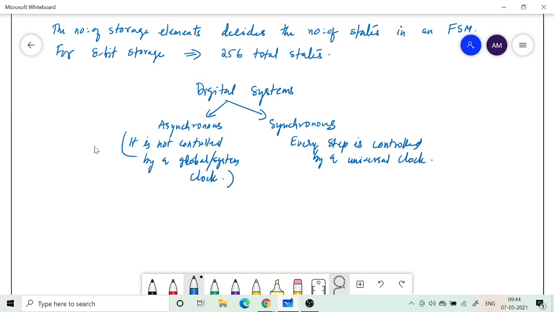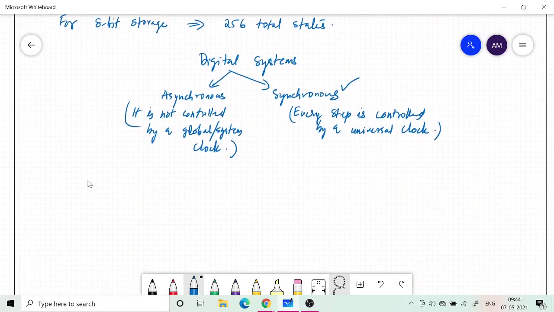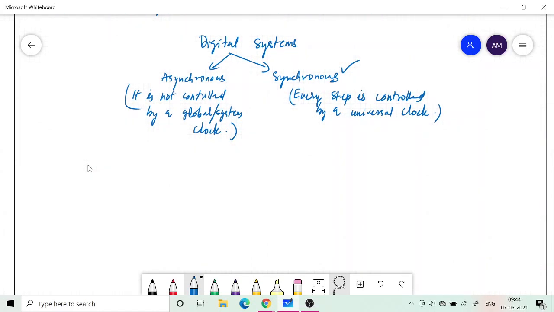Usually we prefer synchronous design. There are multiple reasons, because some of the actions have to take place in a controlled manner, otherwise we can't ensure the proper operation of the circuit.